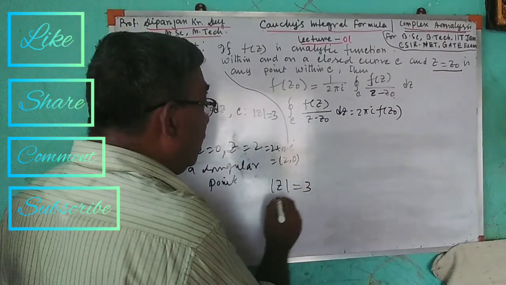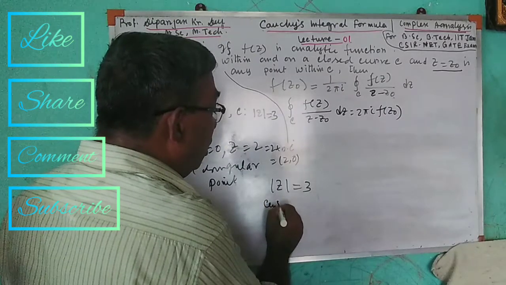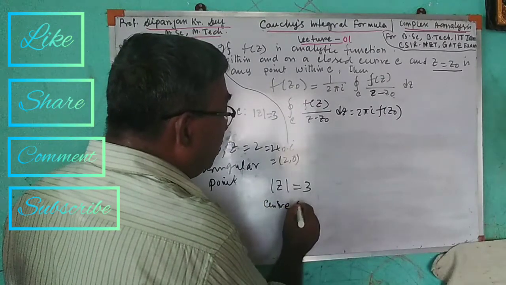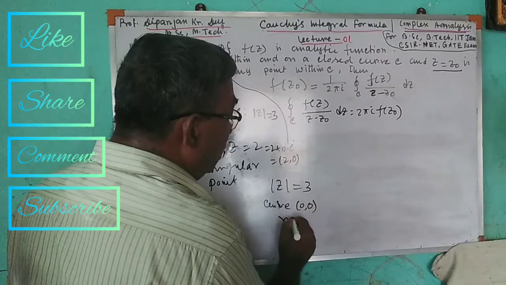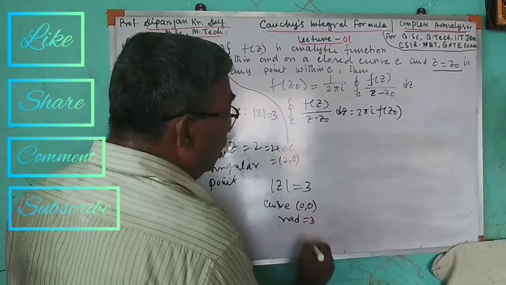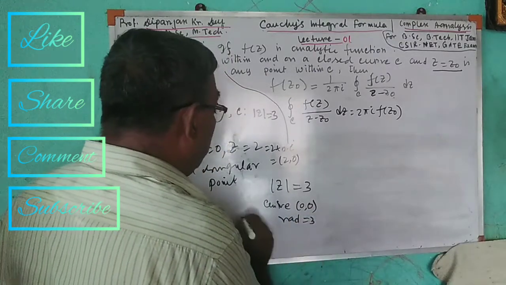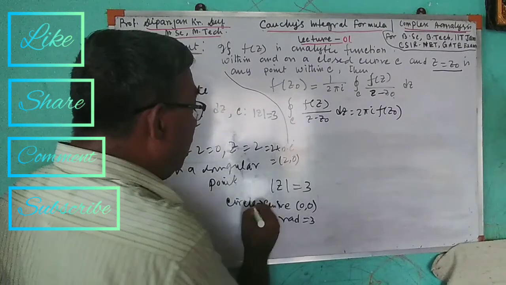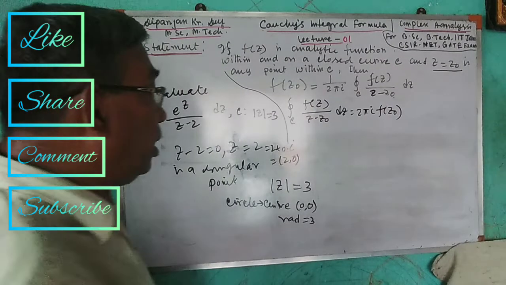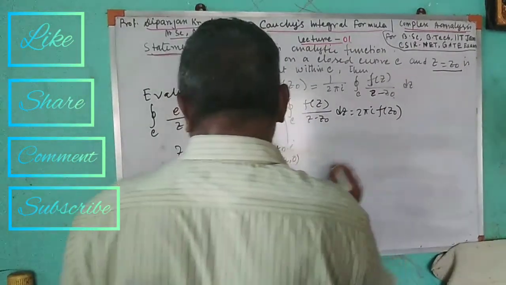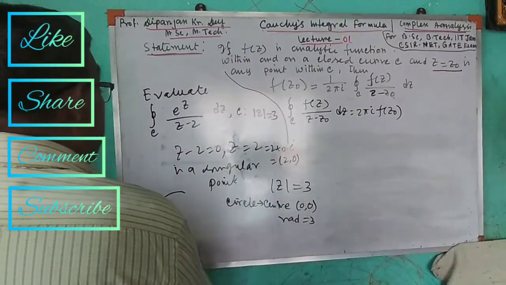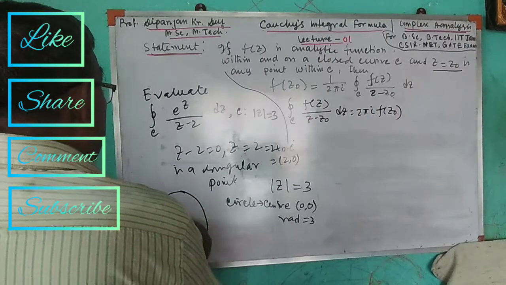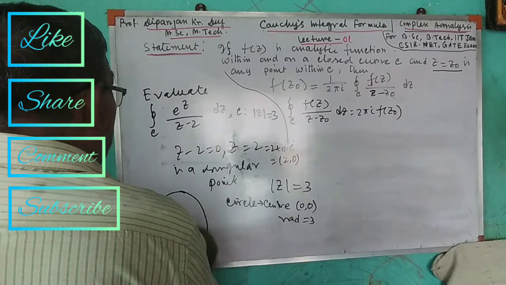The circle's center is (0, 0) and the radius is equal to 3. Now if we draw the circle, this is the center (0, 0).